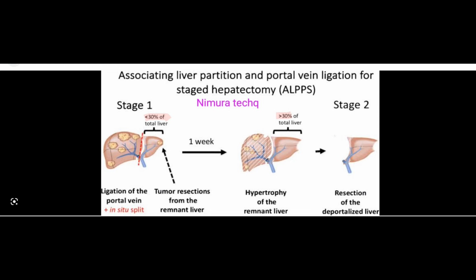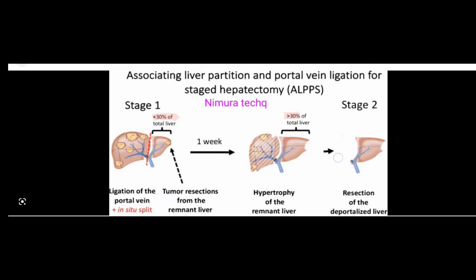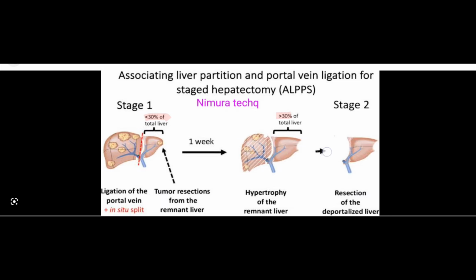We will ligate the portal vein, then hypertrophy of the remnant liver will occur, and then we resect the deportalized liver, the side with the tumor. So this is liver partition and portal vein ligation for staged hepatectomy.